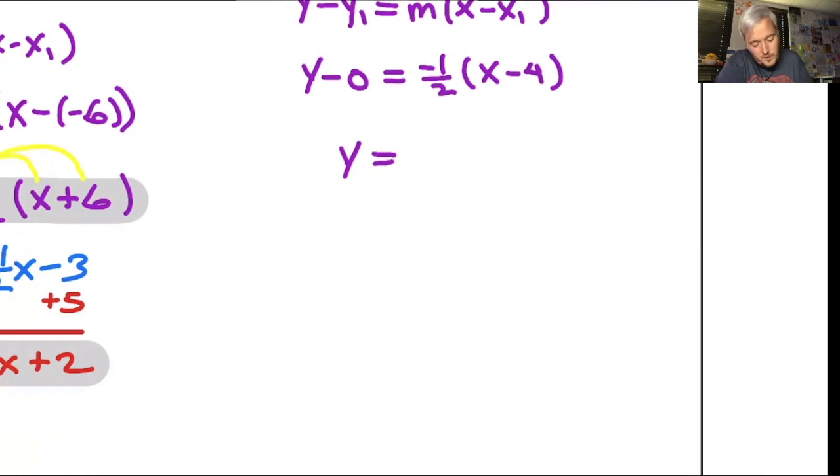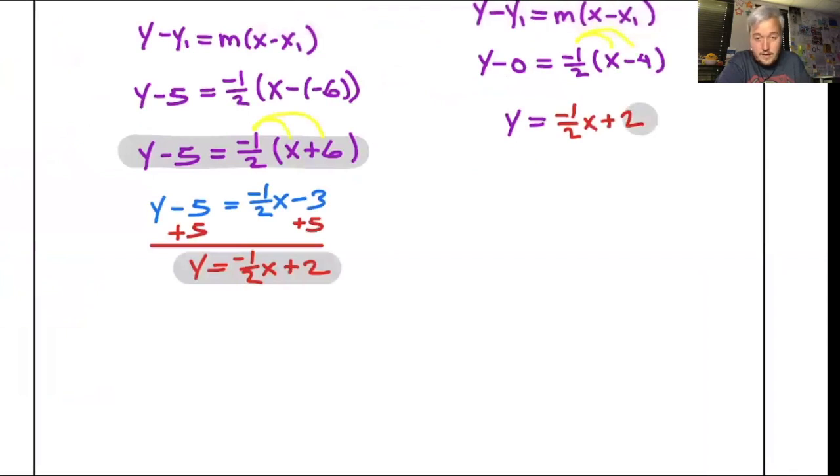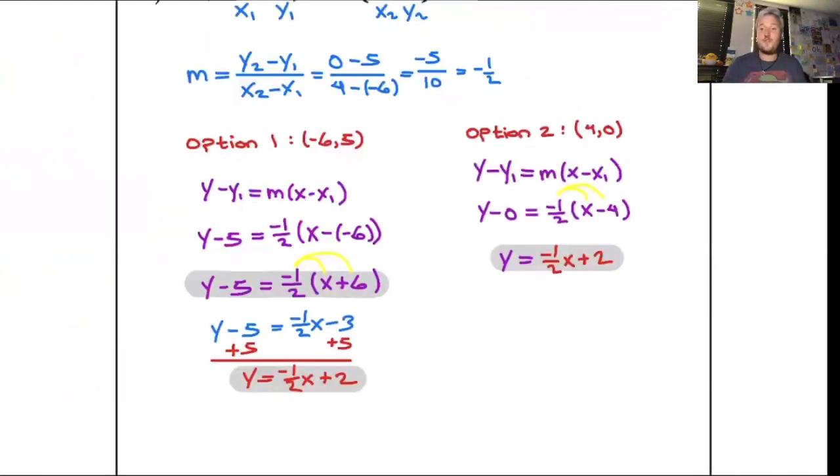And then I'm going to distribute this 1/2. So I'm going to have y equals negative 1/2 x plus 2. If you look, it's the same exact equation. So it doesn't matter which one you use. Either way, you're going to get the same slope-intercept form.